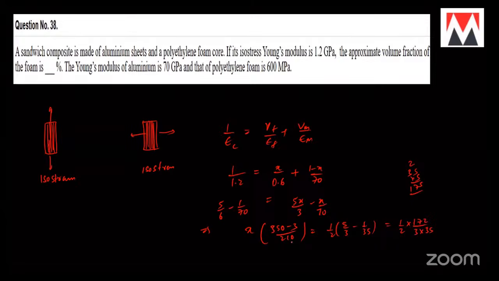Very good. So 6 again, this will get cancelled. So you get x equal to 172 by 347. 175 double is 350, right? So it is nearly 0.5. So you get value as 0.5. It is asking volume fraction in percentage. So it is 50 percent.